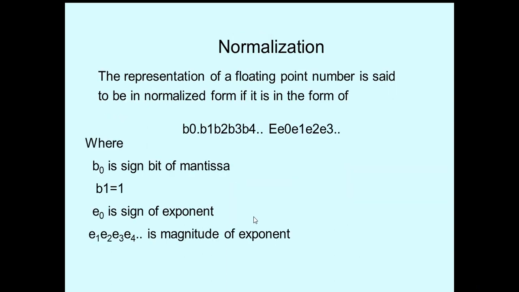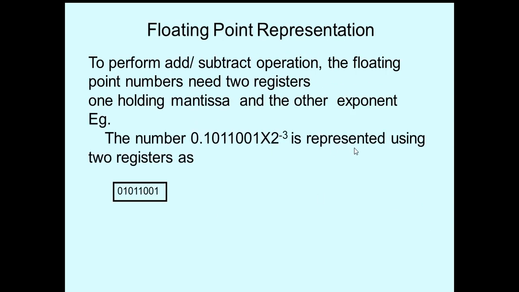But one thing is here, we have to do the normalization at the end of the result. Normalization is nothing but the result should be like this: the most significant bit should be 1. So we have to represent the result like this, and there are four steps included in this.